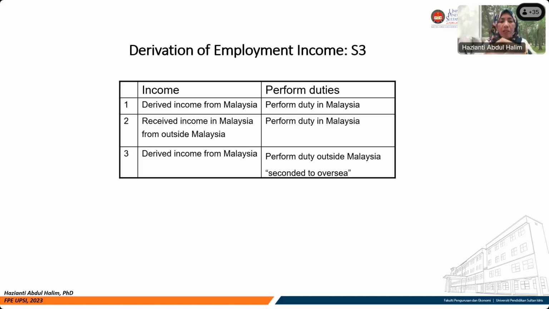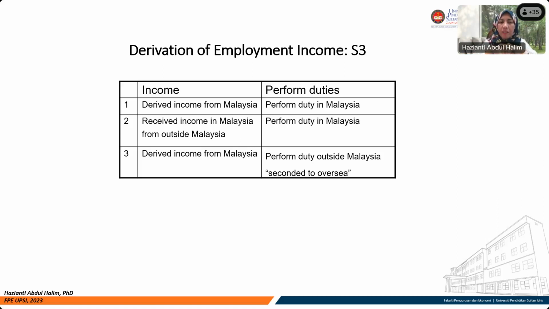Like myself, I am in Malaysia. I perform duty in Malaysia. My lecture is done in Malaysia, and I get income from UPSI, which is also in Malaysia. So number one, very clear, clear cut. Derive income from Malaysia and perform duty in Malaysia. Number two, perform duty in Malaysia but receive income in Malaysia from outside Malaysia.